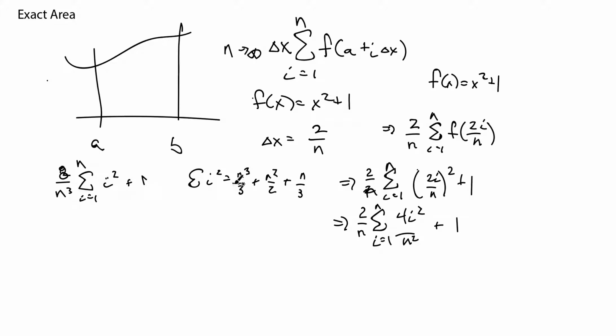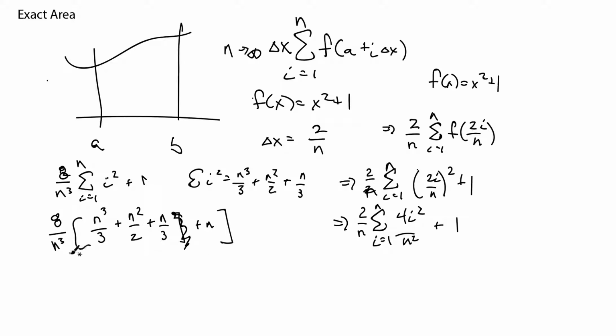Instead of the sum of i squared, we know what that is, it's this expression. The sum of 1 is just n. And so we had 8 over n cubed times n cubed over 3 plus n squared over 2 plus n over 6, and actually this is plus n.